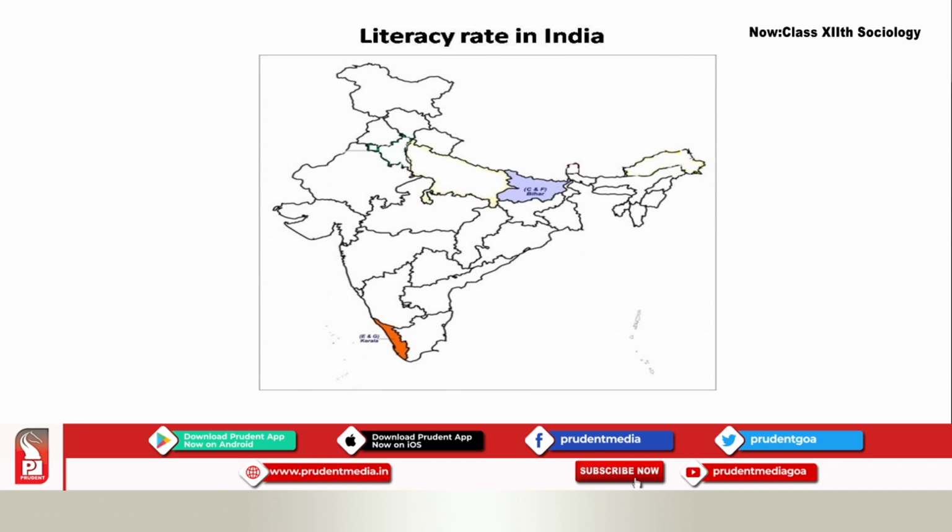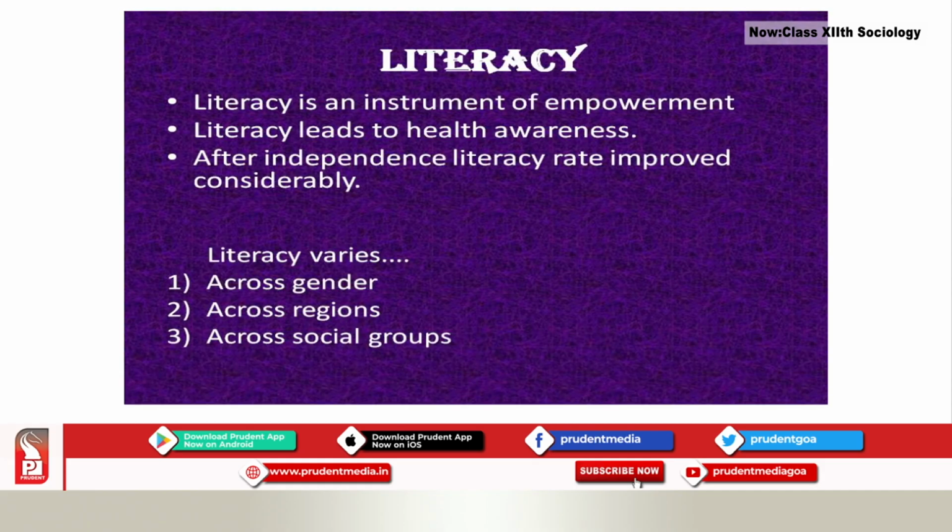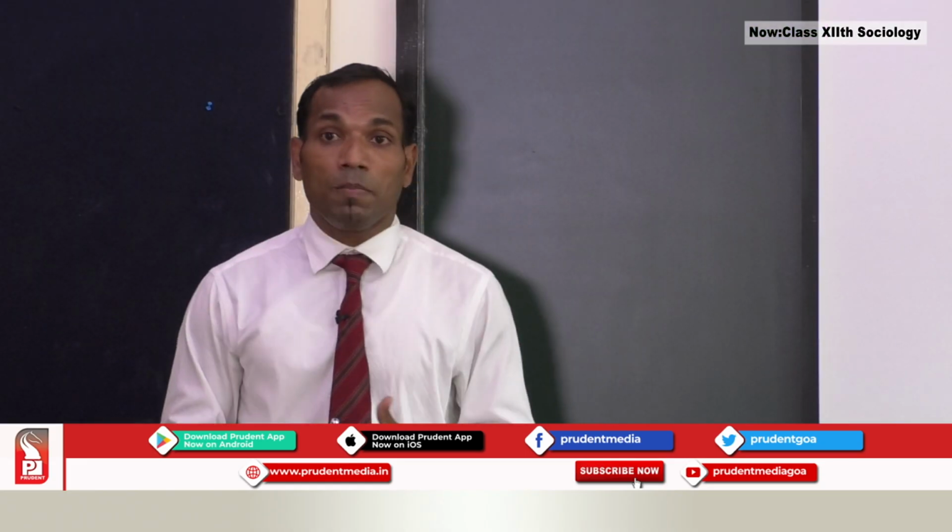Now thirdly, we have literacy differences across social groups. And of course, the general category people have the highest rate of literacy, and other social groups like scheduled castes and scheduled tribes have lower literacy rates.